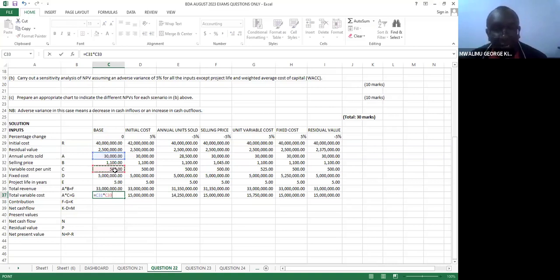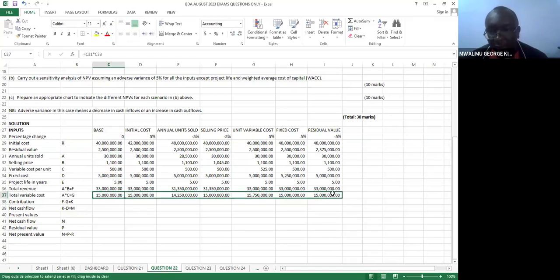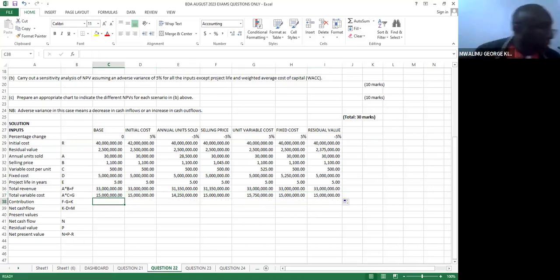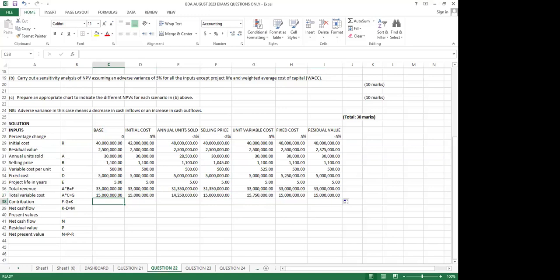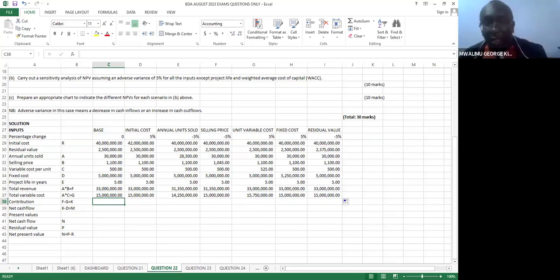Then you press enter. And then you come here, you drag this so that you are able to fill the values up to that point. That fine? Yes. That's fine, Collins, eh?